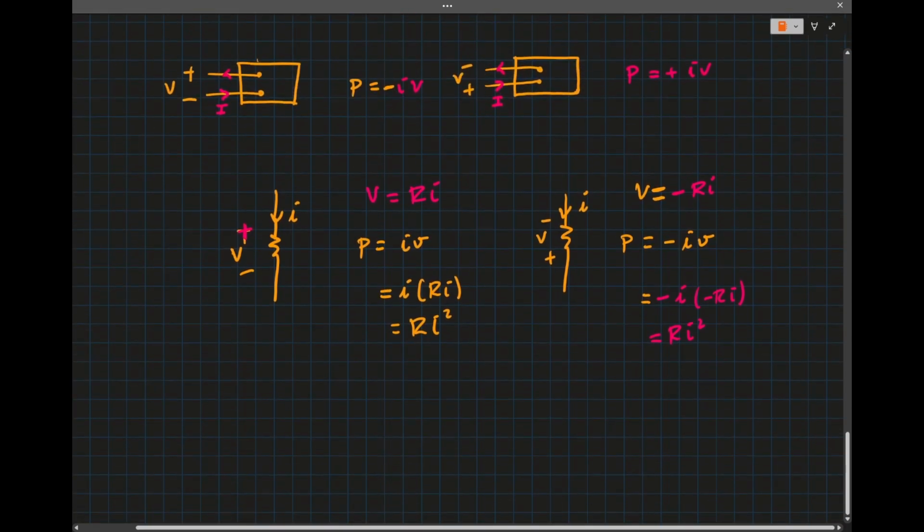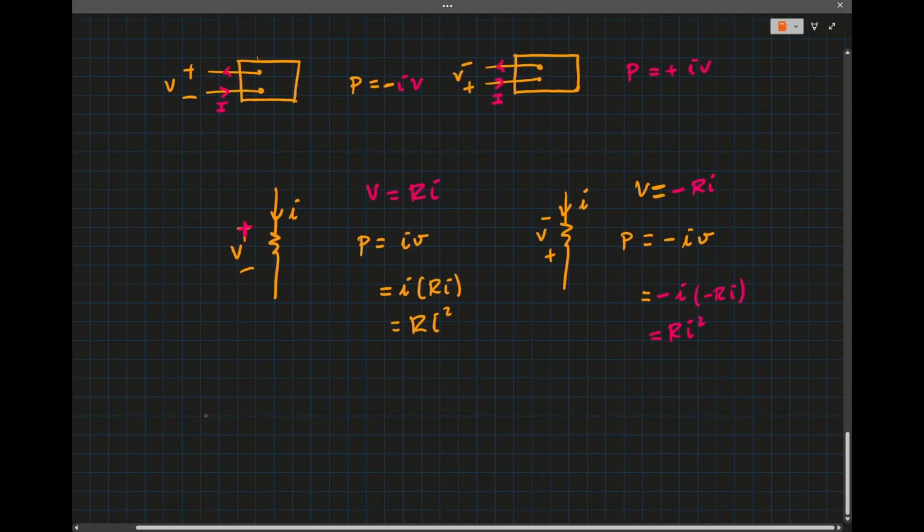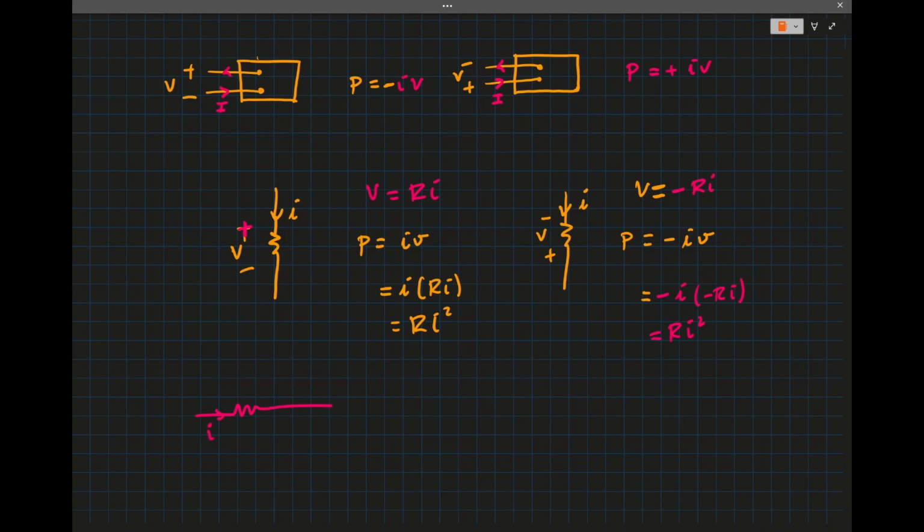So when you have a resistor and the current is flowing, right? So the passive sign convention, Ohm's law here, V equal to Ri.